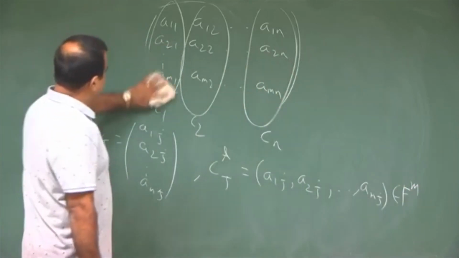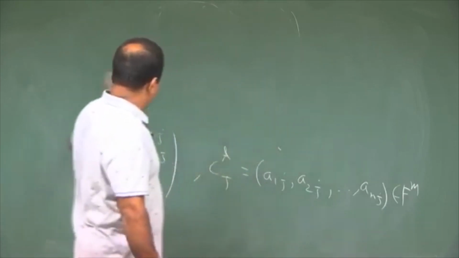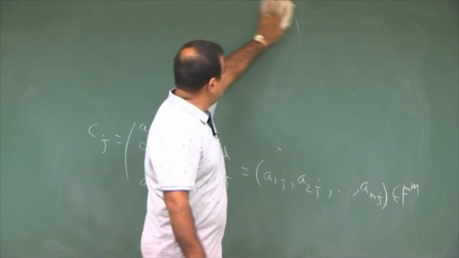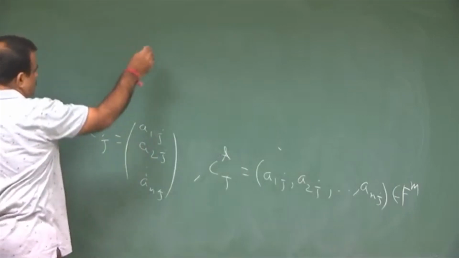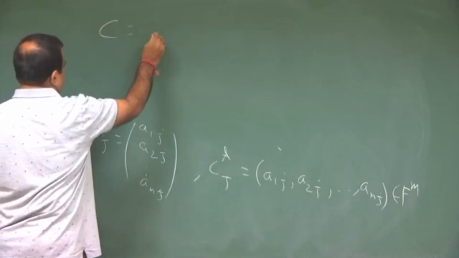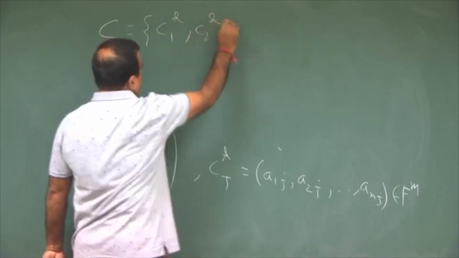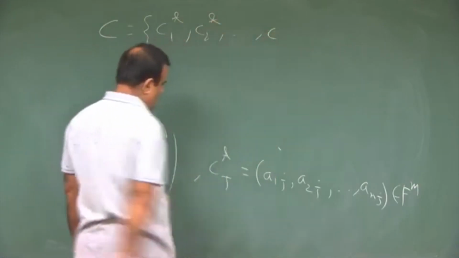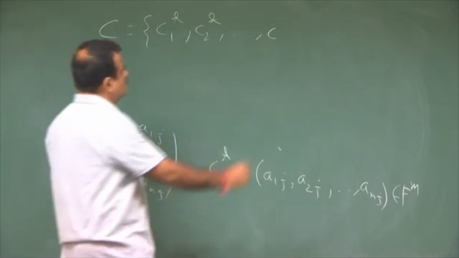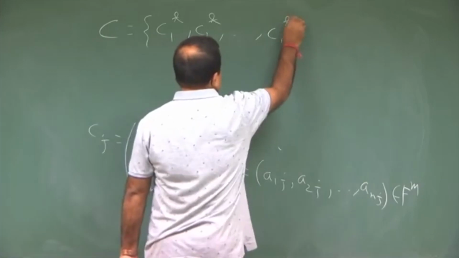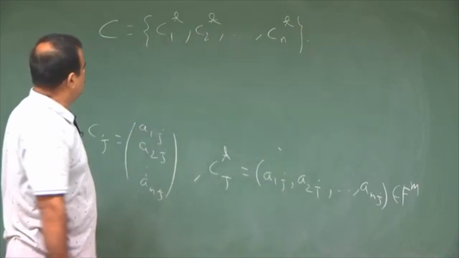Now, if you take this collection of column vectors, and then take the linear span of them, that will give us a set. Suppose C is the collection of C 1 t, C 2 t, up to C n t. How many columns are there? There are n columns, and each of these columns comes from f to the power m.